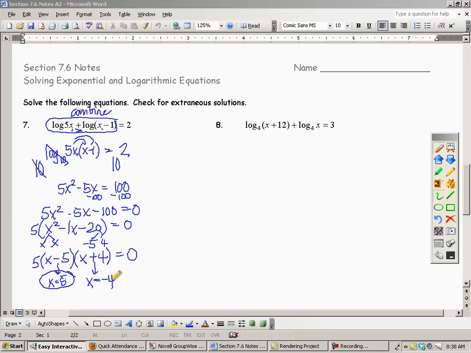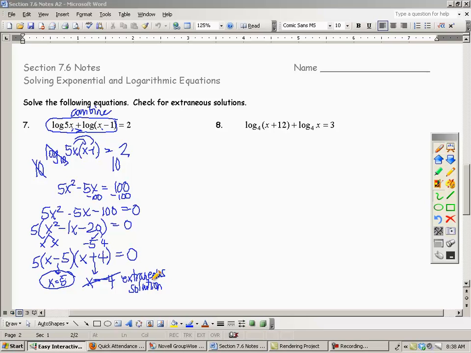If I plug in a negative 4, 5 times negative 4 is negative 20. I can't take the log of a negative number, so this is what we call an extraneous solution. Because we got it when we factored, but when we plug it back in, it doesn't work since I can't take the log of a negative number. So let's try one more like that, because this is the hardest type, I think, of all of the logs.